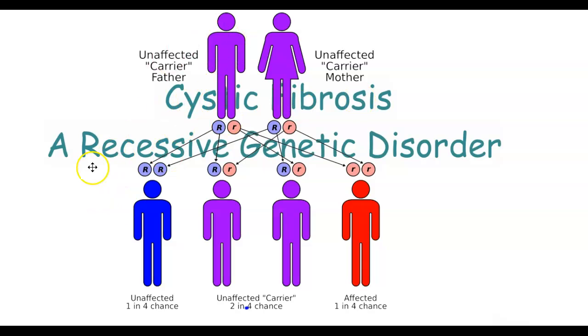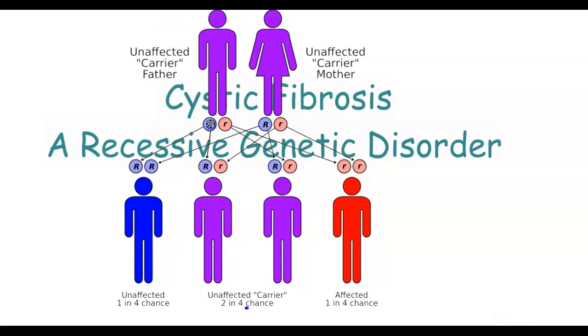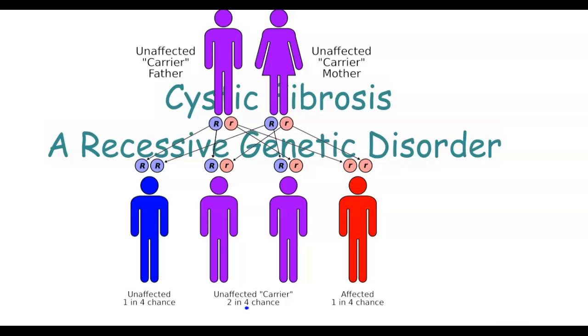Here's how cystic fibrosis, or recessive genetic disorders, could get passed on. Here are two parents, both unaffected but carriers. So they used R. So we have capital R, little r, capital R, little r. They have the capital, so they're completely normal. That's the healthy gene that's dominant that takes over.